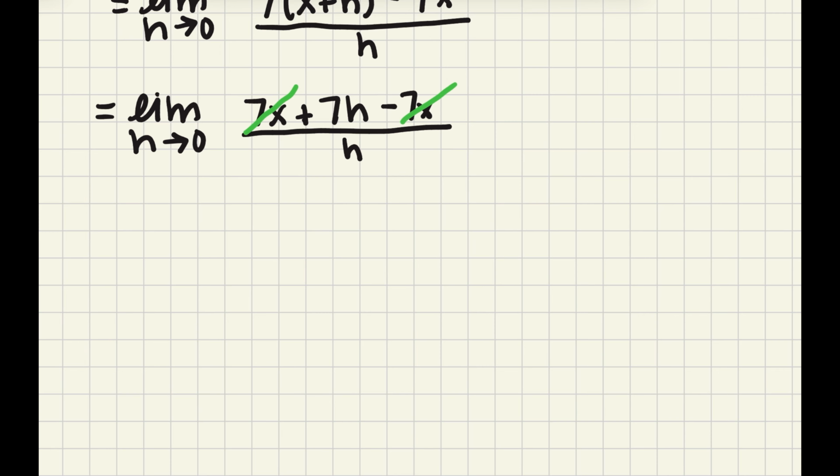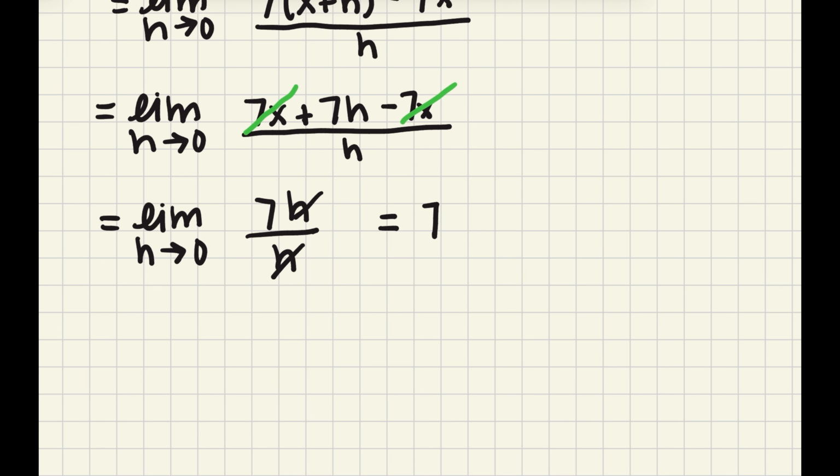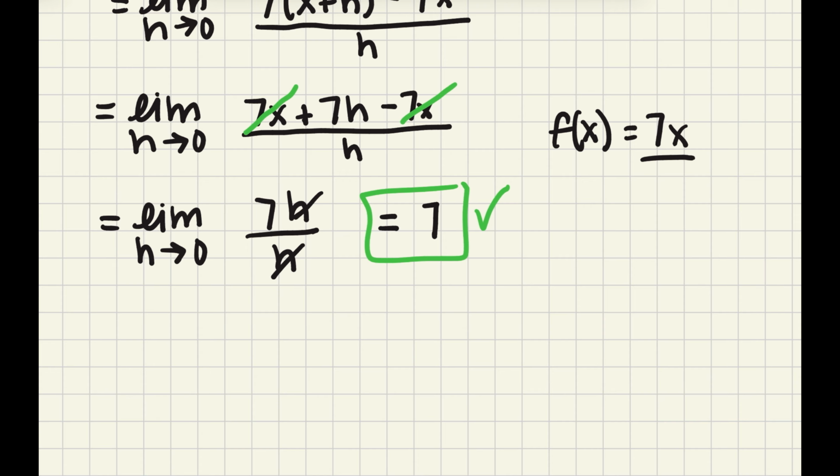So that's going to leave us with 7h over h, and these h's will cancel out. So our final answer is going to be 7. Remember, our original function was 7x, so the derivative of 7x is 7.